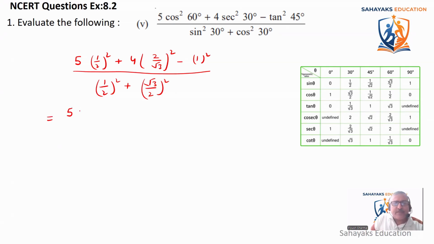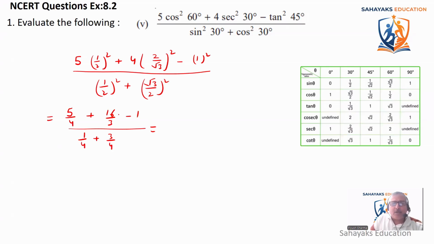It becomes 5 into 1 by 4. I'll just say 5 by 4 plus 4 into 4 by 3 is 16 by 3 minus 1 divided by, though we know sine square theta plus cos square theta is equal to 1, but let's compute it here. It becomes 1 by 4 plus 3 by 4.